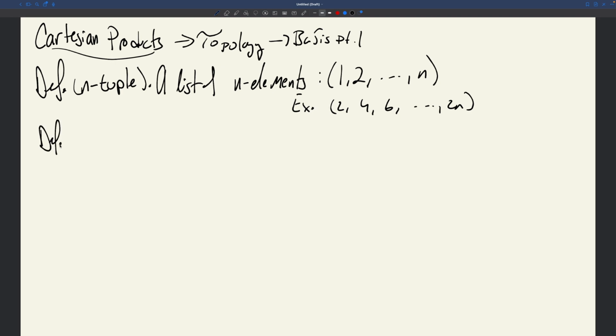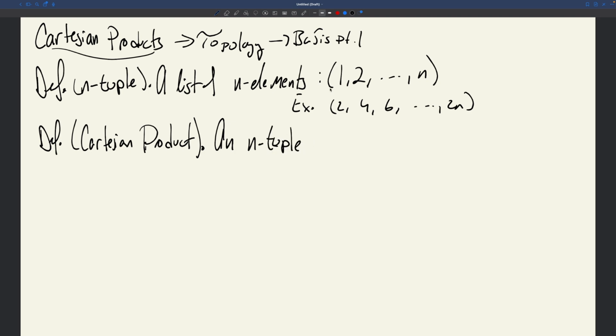And from this, we're also going to introduce something called a Cartesian product, which is an n-tuple of elements from each Ai.